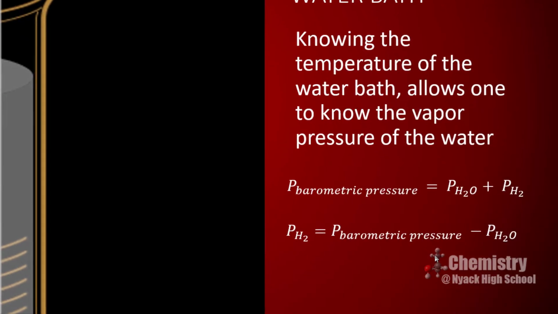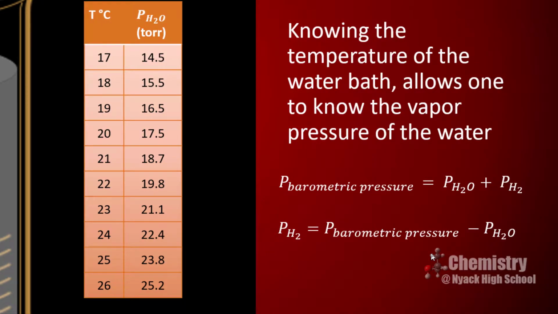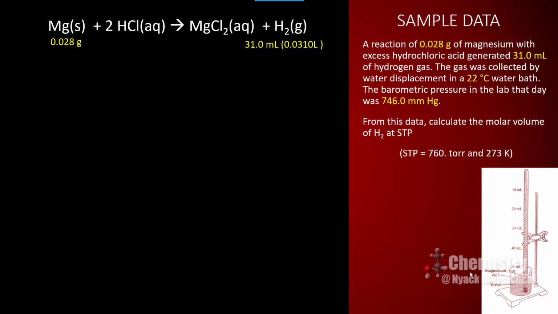From this, we can subtract the vapor pressure of the water from the overall barometric pressure inside of the eudiometer. The temperature of the water needs to be measured so that we can actually know what the vapor pressure of the water is at that particular temperature.